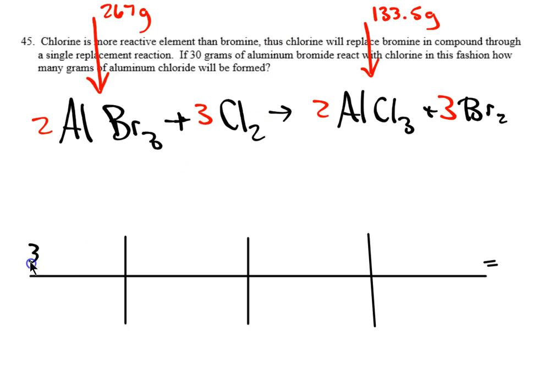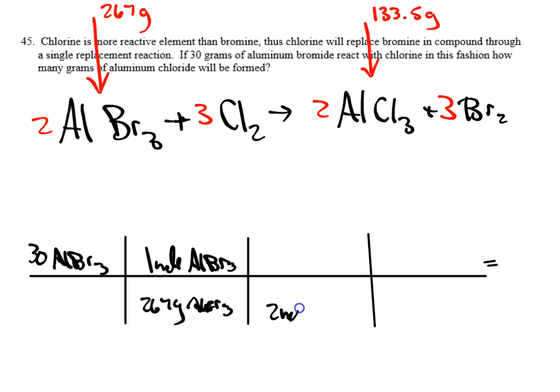Okay, so 30 grams AlBr3, 267 grams AlBr3, 1 mole AlBr3, 2 mole, and that's coming from right here, AlBr3. Coming back to the back, we're solving for AlCl3 in grams.